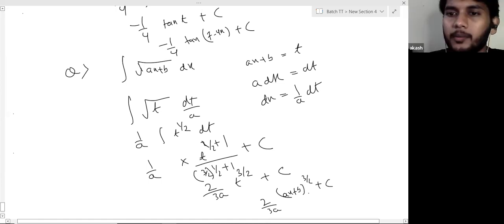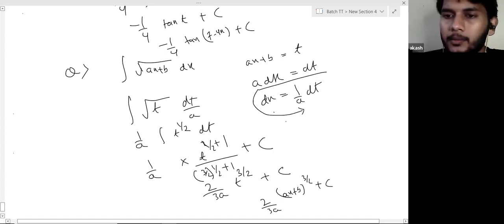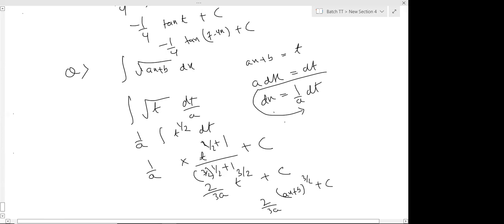I'm asking that the first answer was a dx is equal to dt, so you just transfer the a to the other side. Absolutely. It's the same method. We should not keep the constant with dx, like a dx. You can't substitute directly.